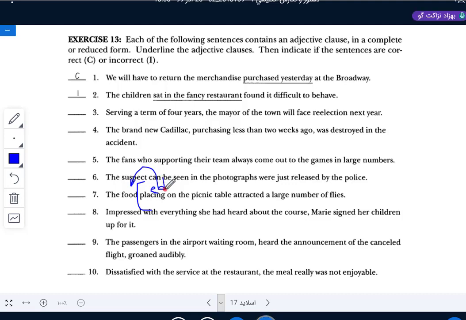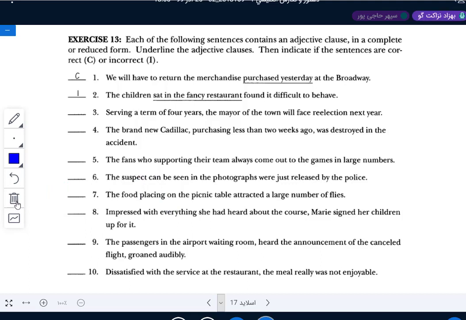Which one? When you use placing, immediately after that you need to have a noun as an object. I don't see a noun. The food placing, there is no noun. So actually, the food placed. Very good. That's right. The food placed on the picnic table.